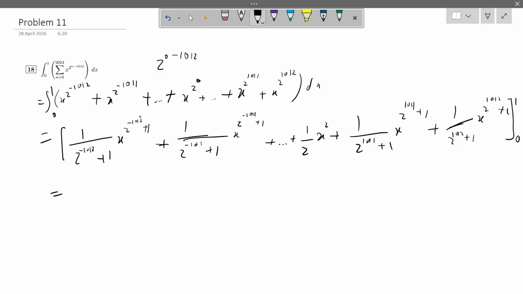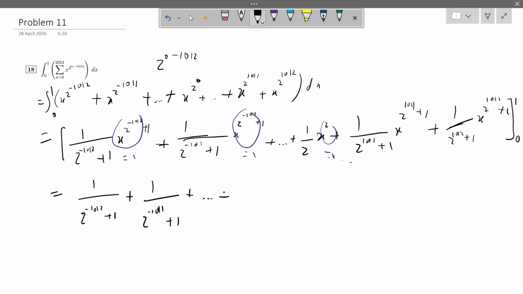When x is equal to 1, this evaluates to 1, this evaluates to 1, this evaluates to 1, etc. So what you're going to do here is 1 over this plus 1 over this plus etc., and then 1/2, plus 1 over 2 to the power of 1011 plus 1, plus this.